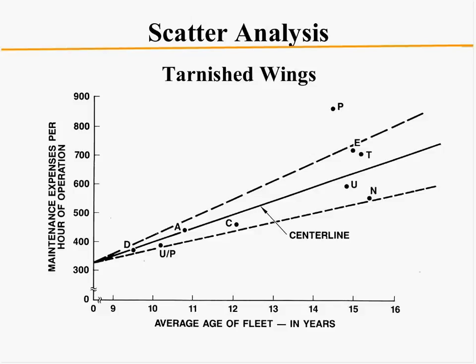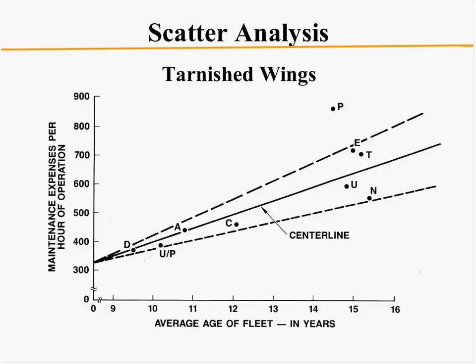And we continue plotting the bivariate data points for each of the airlines that existed at that time. The UP was USAir/Piedmont. USAir had just absorbed Piedmont. You can see Continental. Over to the far right, N is Northwest Airlines, U is United Airlines, T is Transworld, E is Eastern, and P, way out in the distance, is Pan Am. Now, everybody well knows Pan Am no longer exists, Eastern Airlines no longer exists, etc.